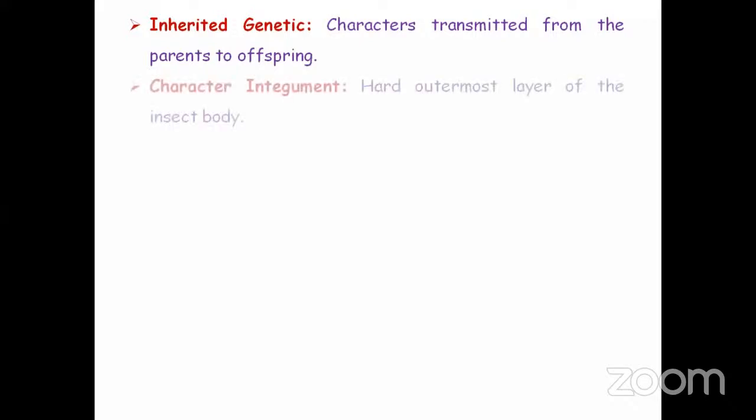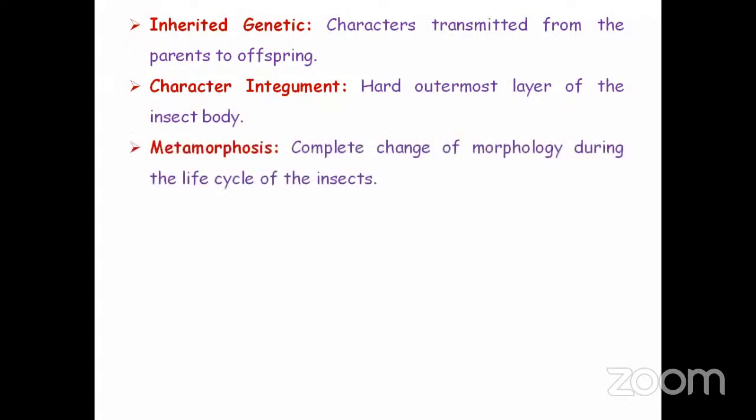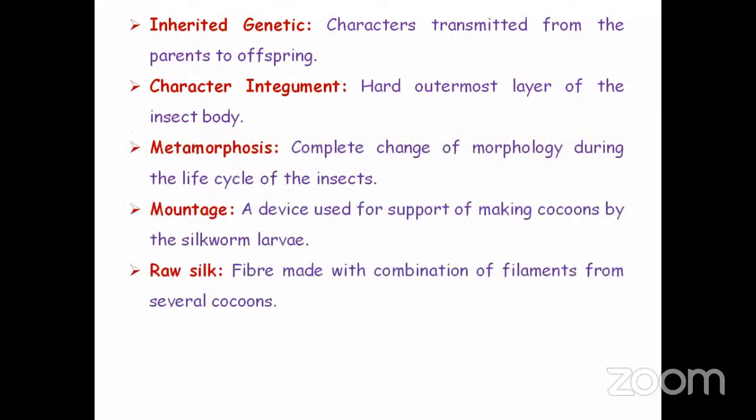Then the next is the integument. Integument means the outermost layer of the insect body. Then metamorphosis, the changes during the life cycle. Then mountage.